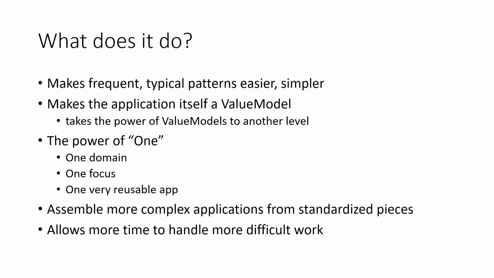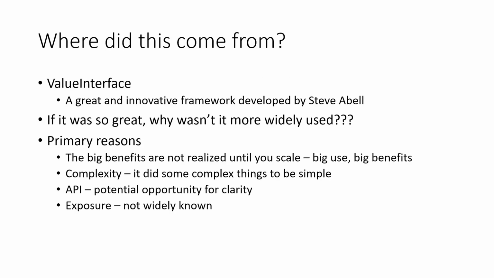For your reusable pieces, you have one domain, one focus, and it makes it one very reusable application. And you'll assemble more complex applications from those pieces, and it gives you more time to handle the more difficult work that you need to do. It lets you concentrate on that and not be bogged down by the typical work.